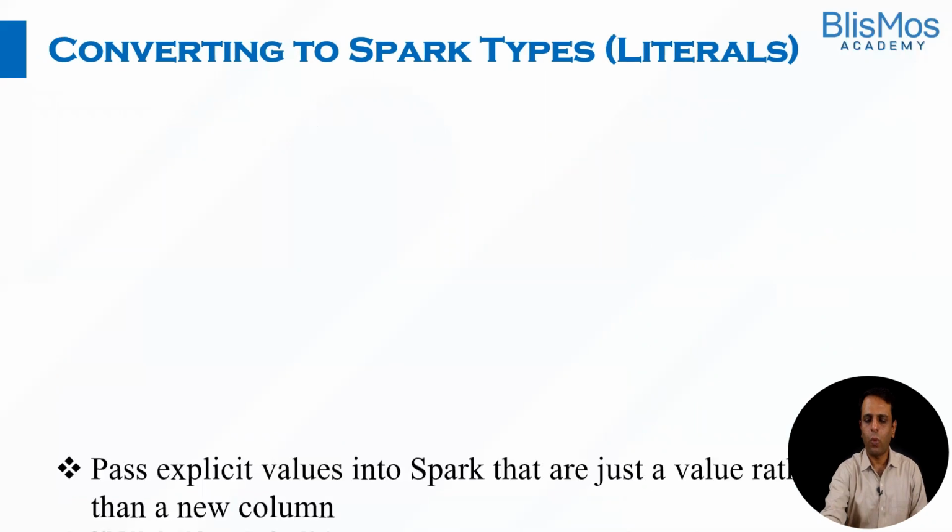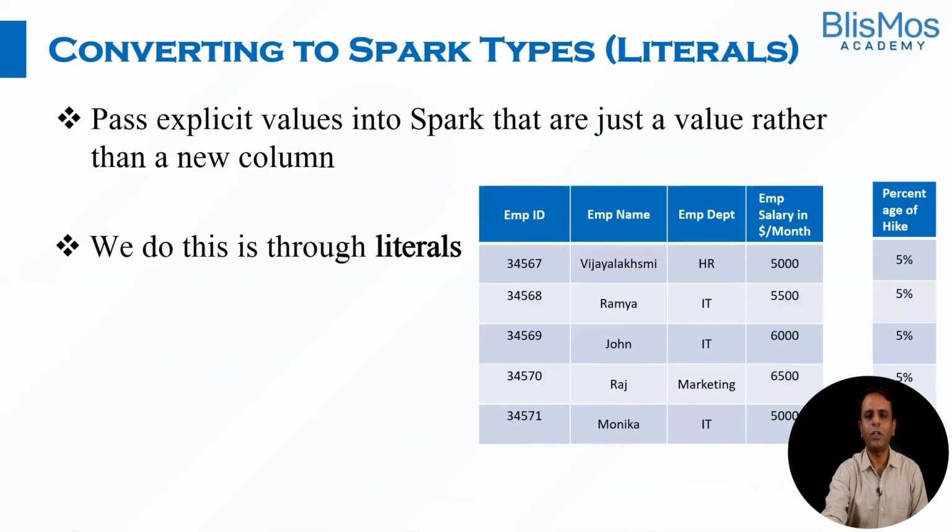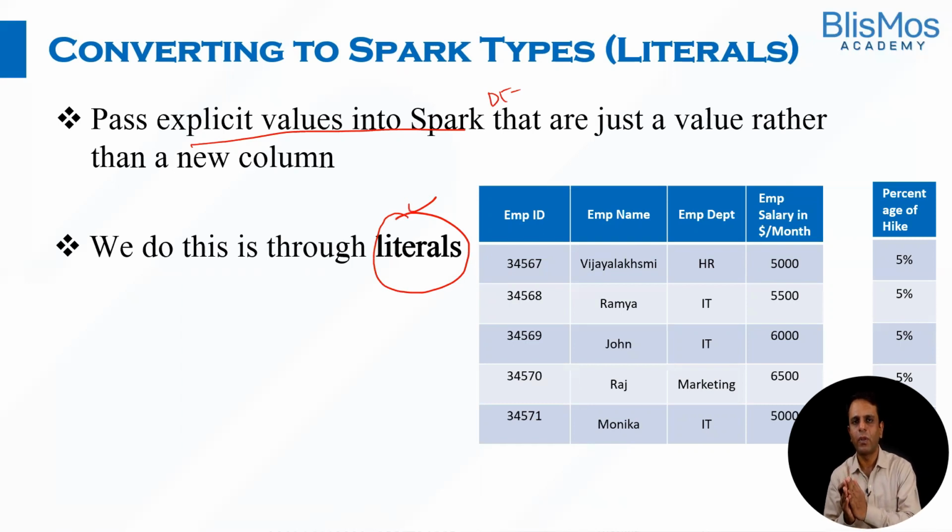In this case, what do we need to do? In this case, we need to pass explicit values into the Spark data frame, right? Instead of adding one more column, we can do this by using literals. Whenever you want to pass the same values to all the records in the data frame, or you want to add a column or pass explicit values to a data frame with each record having the same value, you will do it through literals.